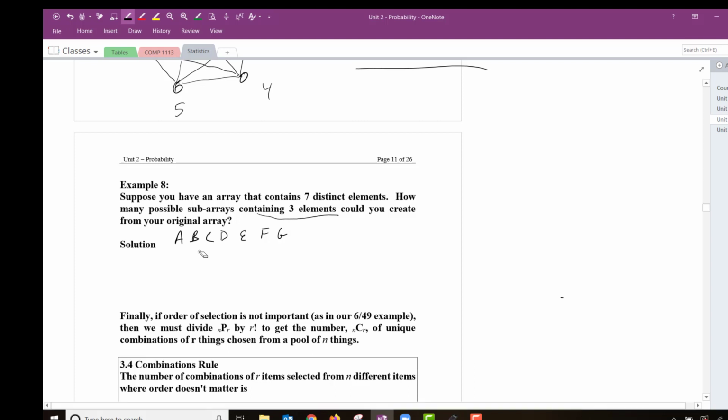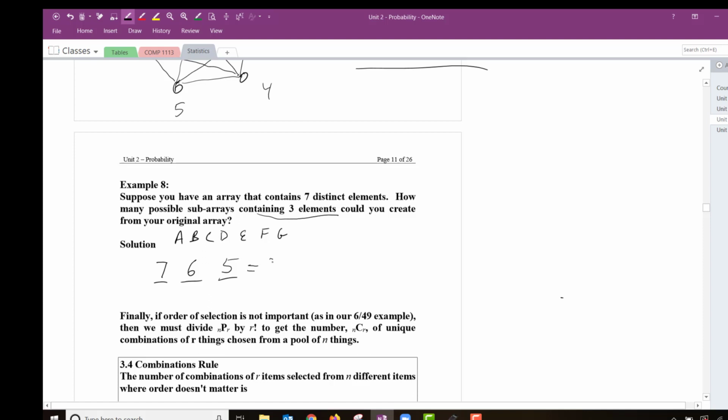Or if I take an array, I'm going to look at subsets. I have 3 spots to fill. And my first spot, I can put any of these things in. So I certainly have 7 choices. And then I have 6 choices left because I can't pick the same one again. And then I have 5 left. So just using the fundamental counting rule, I think we can arrive at this answer.